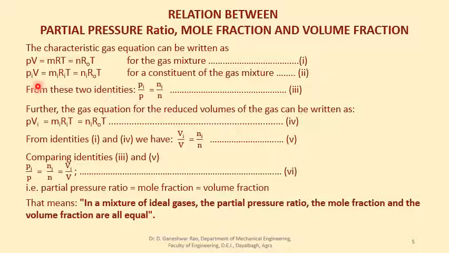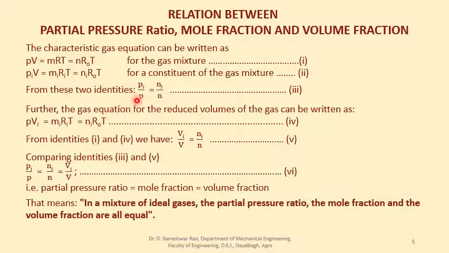For example, for constituent A, this equation will be PAV is equal to mARAT is equal to nAR0T. Similarly, for gas B, PBV is equal to mBRBT is equal to nBR0T. Here R0 is the universal gas constant, T is temperature, V is volume, and the remaining three are variables depending on the constituent gas. So from these two identities, by dividing, you obtain Pi upon P is equal to ni upon n, or you can say PA upon P is equal to nA upon n, PB upon P is equal to nB upon n.